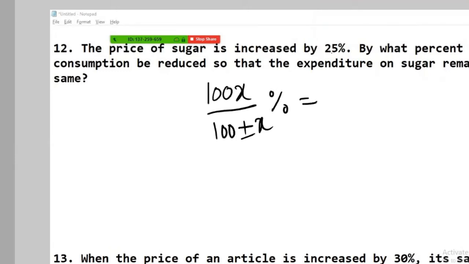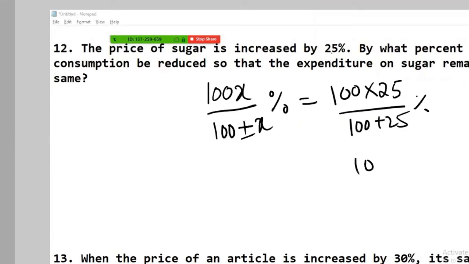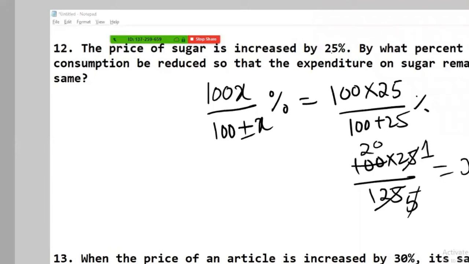Increased means plus sign, decreased means minus sign. So 100 into 25 by 100 plus 25, that is 100 into 25 by 125. 25 ones are 25, fives are 5, ones are 5, 20s. So the answer for this question is 20%.